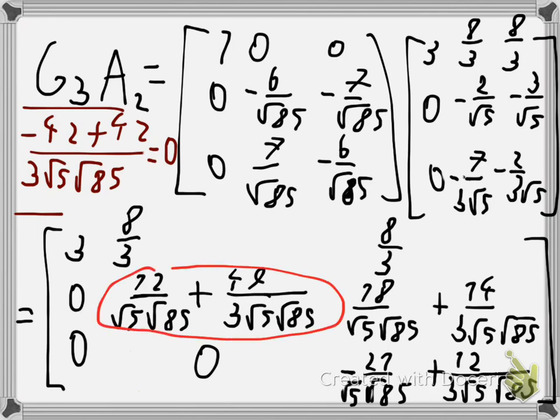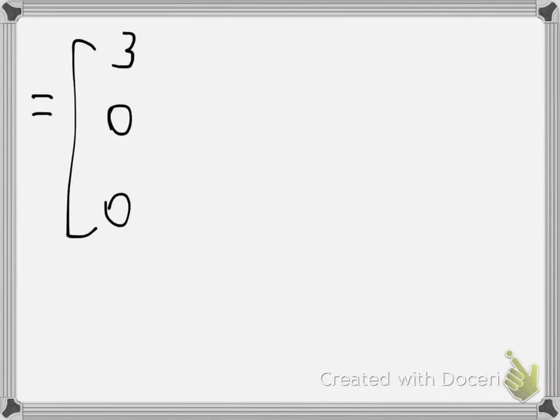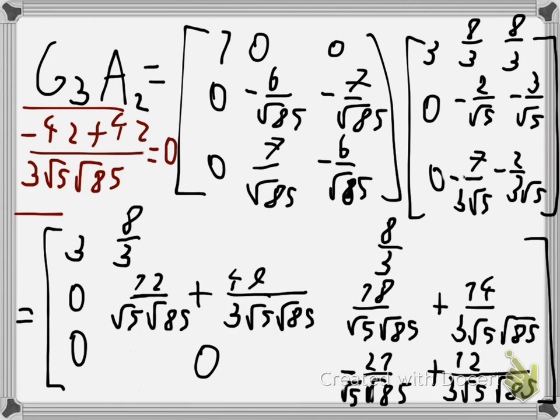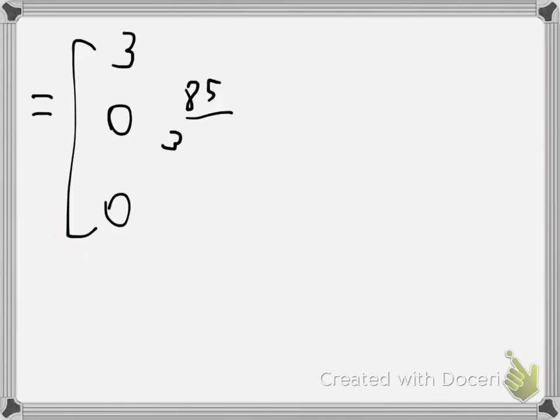Here, if I multiply by 3 over 3 the first element, I get 36 plus 49, which is 85, I think. 85 over 3, sorry, square root of 5, square root of 85, 0.